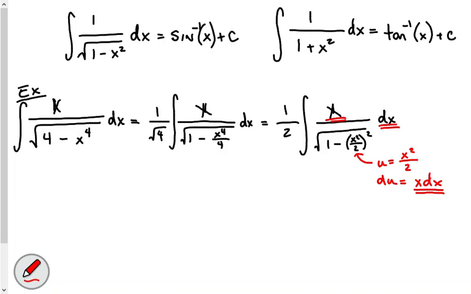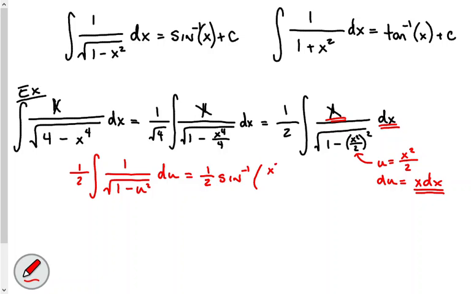Okay, so now then I have 1/2 integral of 1 over square root 1 minus u squared du, and that is inverse sine. Okay. Not too easy.